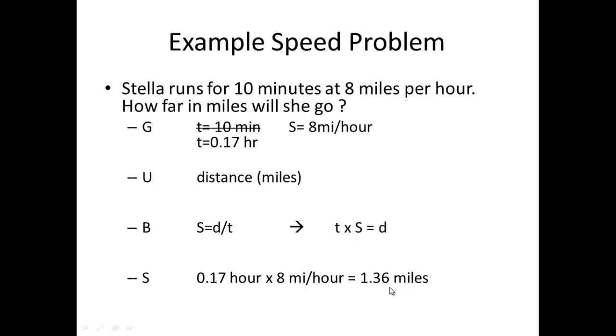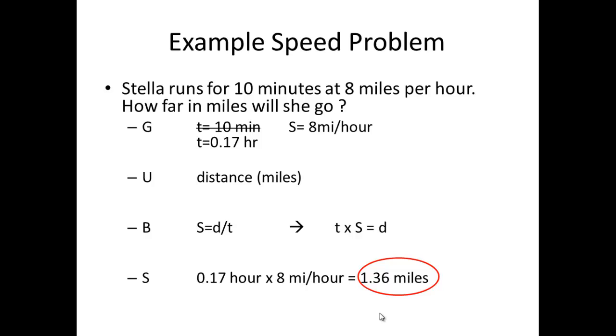Again, we want to go back and check that our unit of our end result matches the unit for our unknown that was asked for in the actual question. So it says, how far in miles will she go? Our unknown was distance in miles, and our result was an answer that is a number in miles. So it should be pretty good to go. So our final answer here will be 1.36 miles.